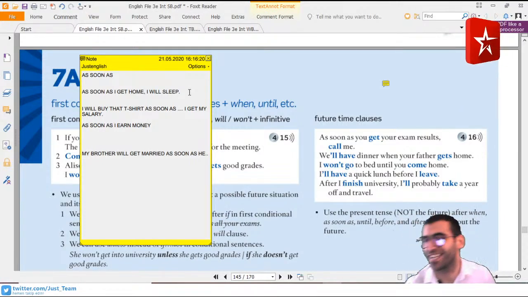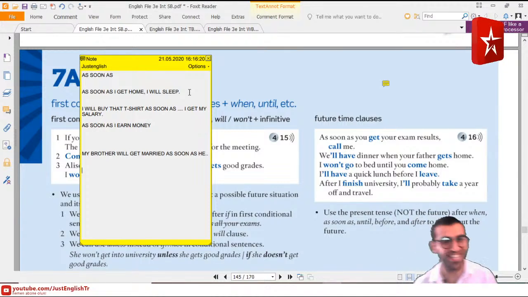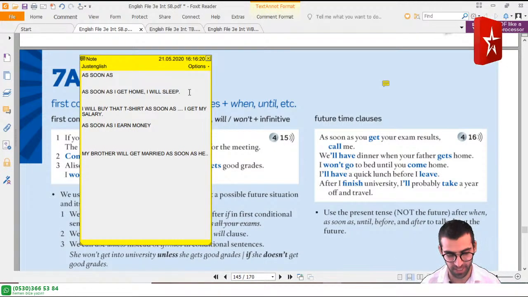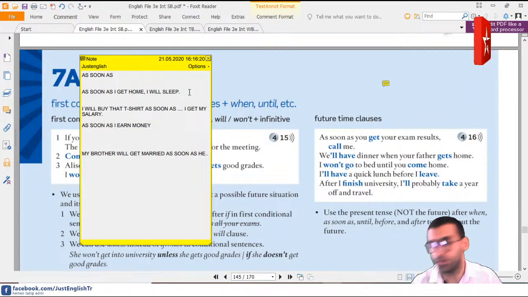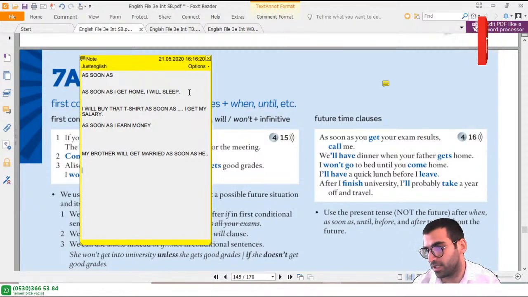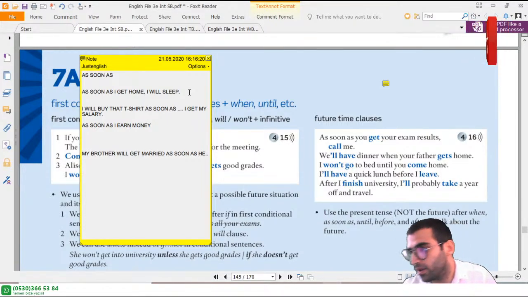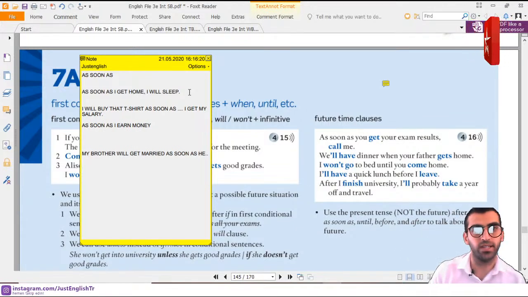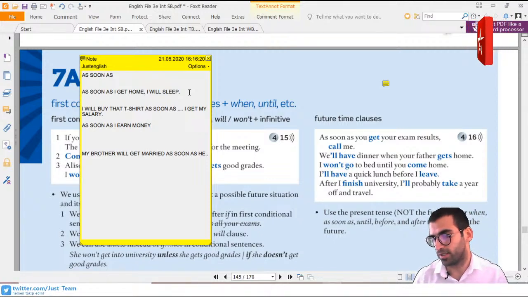Okay, can you complete this interesting sentence with your own ideas, please? Okay, I'm waiting for your comments to check your answers if they are correct or not. So my brother will get married as soon as he what?